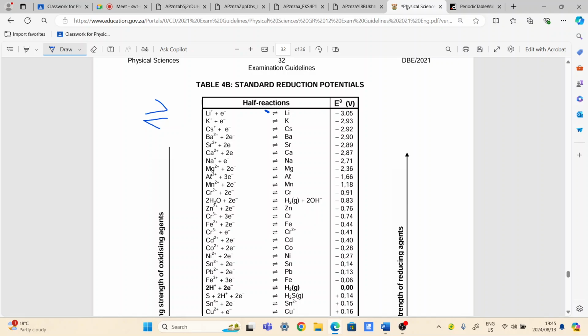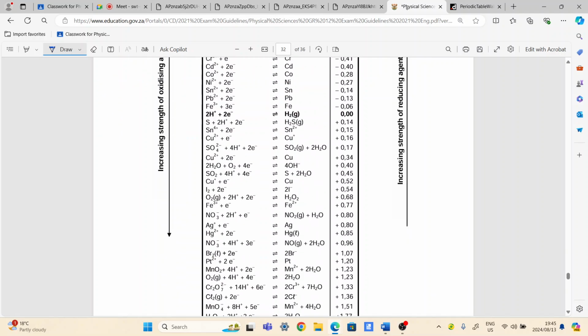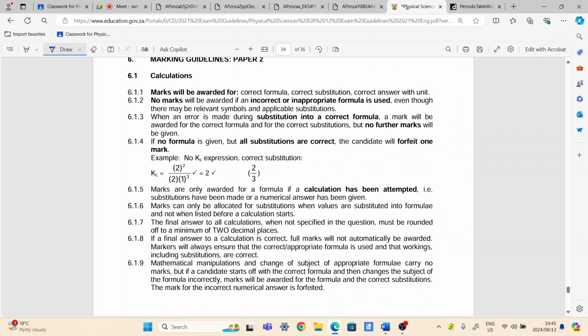Sorry, it's drawn badly. They want to know whether the reaction is going this way or this way. So they want you to put the correct arrow, either this one or this one, but not this. If you put this, you're not going to get the mark. If you put the arrow in the right direction, you will get the mark. So it's important to know that for that section.